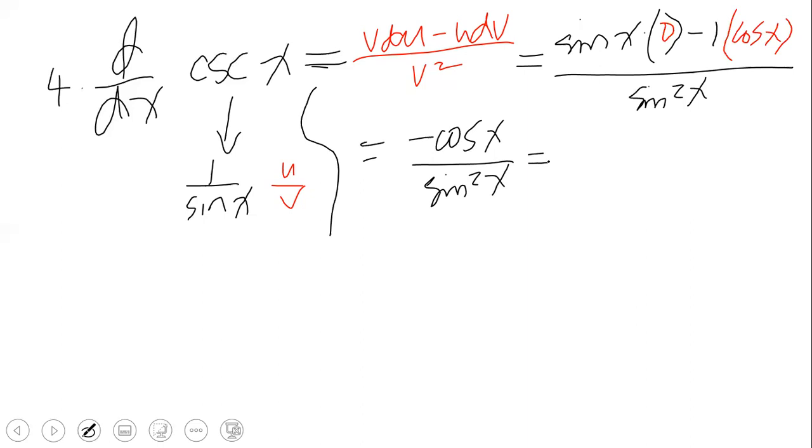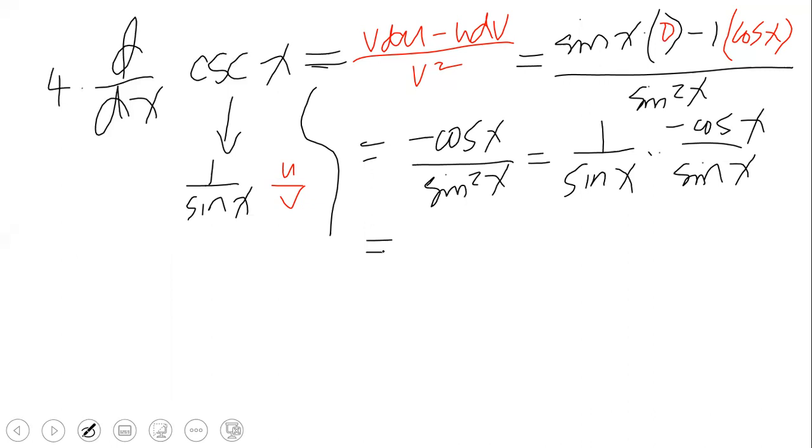So, or we can also rewrite 1 over sine x times 1 over sine x. So 1 over sine x times yung remaining isa, si negative cosine x over sine x. So, simplify na lang natin. So, 1 over sine x is equivalent to negative cosecant.